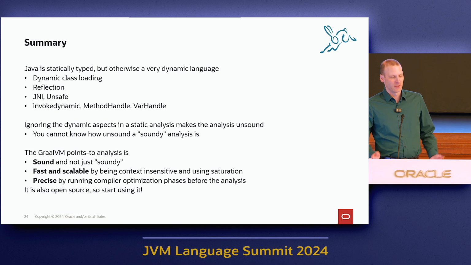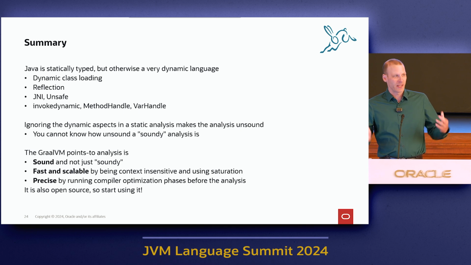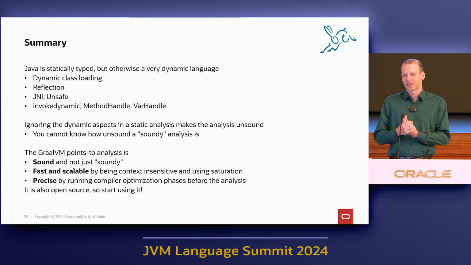Unless, like I had with the VarHandle example, it's reflective usage that can be resolved automatically before running the analysis. So if you have a Class.forName with a constant class name, which actually happens quite frequently when people write JDK or library version agnostic code: I have a class that's not there in all versions, so I do a Class.forName with a literal, and either the lookup succeeds or fails.